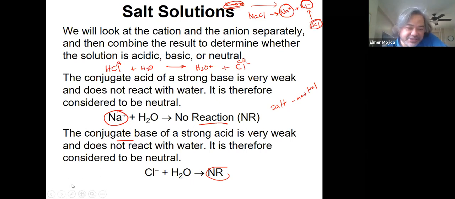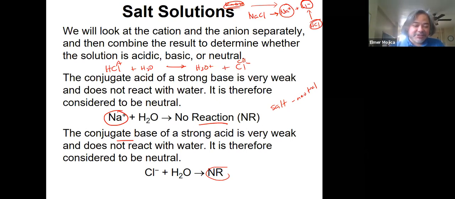And the explanation that they have there is that the reaction with water is called hydrolysis. So if your conjugate acids and conjugate bases came from strong acids and strong bases, they will not react with water. There will be no hydrolysis. Only those that came from weak acids and weak bases will hydrolyze.